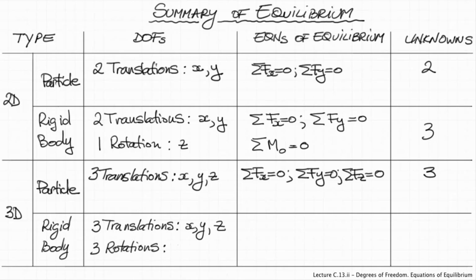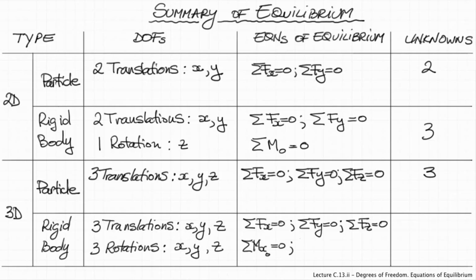And for equilibrium, we have to ensure that the body will not move in any of these directions or around them. So therefore we have to write the 6 equations of equilibrium: summation of forces along the 3 axes and summation of moments around the 3 axes about a point that we select.